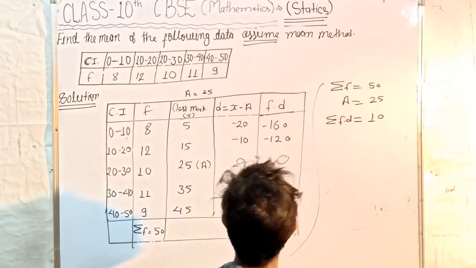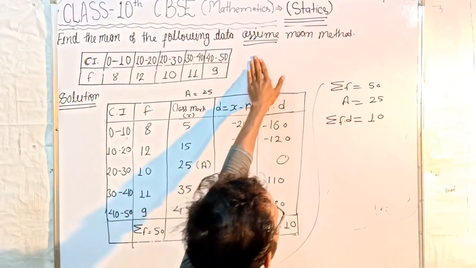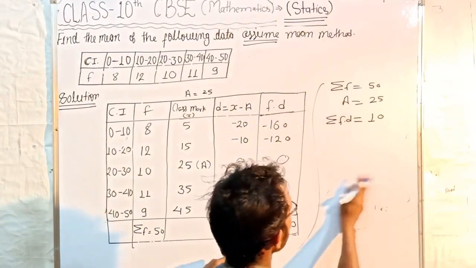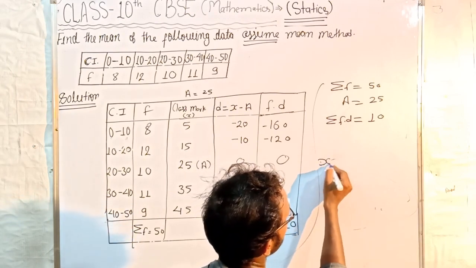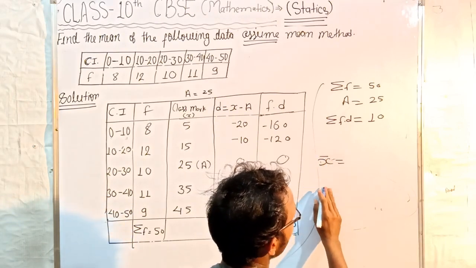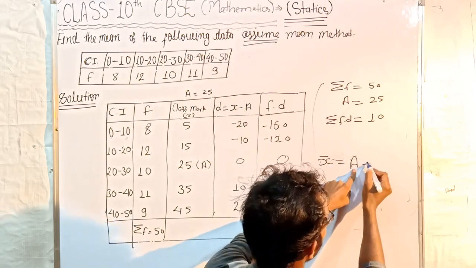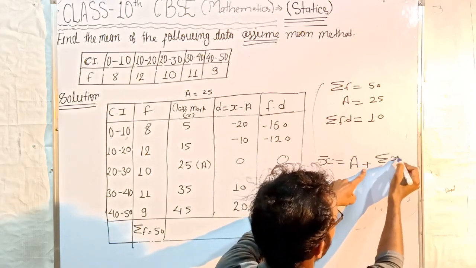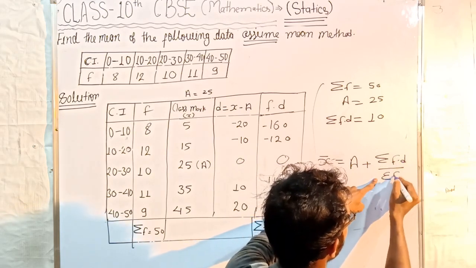Now the formula to find the mean by using the assumed mean method is: mean, also denoted by x bar, is equal to a, that means the assumed mean, plus sigma fd by sigma f.